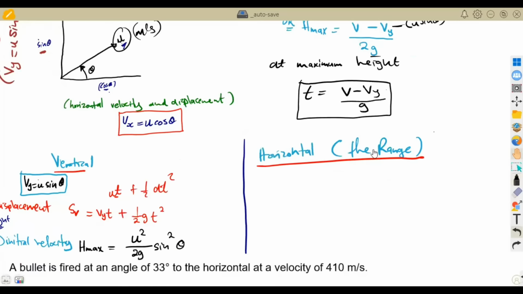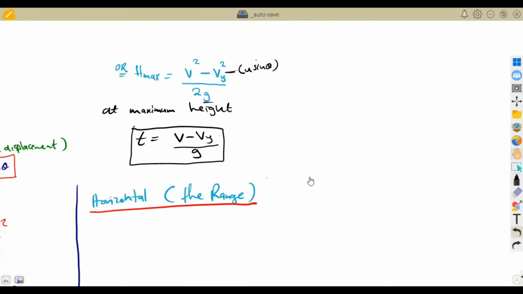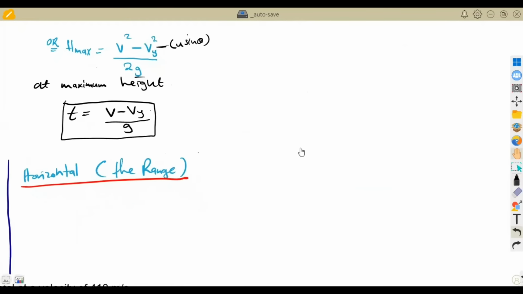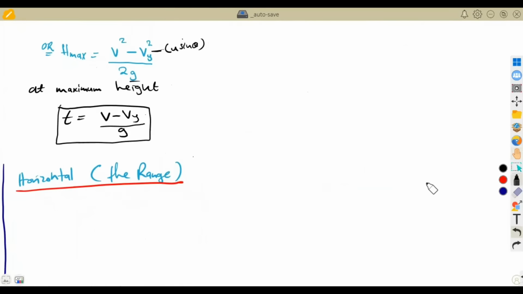All right, let's talk about the horizontal before we attempt our questions. I think I've talked a lot, so let me finish up. On the horizontal, we are talking about the range. We discussed one thing, that Vx is equal to u cos theta. We are using the cosine of theta.